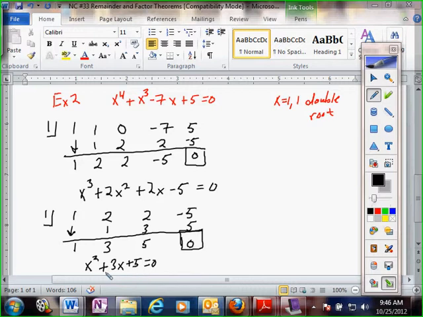You're going to find here that x squared plus 3x plus 5 is not factorable. So we must use the quadratic formula. So a is 1, b is 3, c is 5. Plug it in.